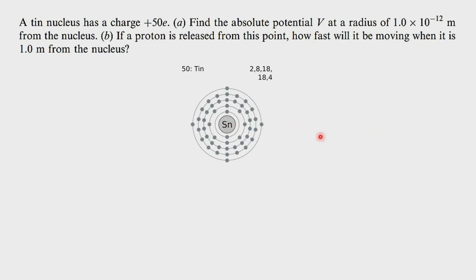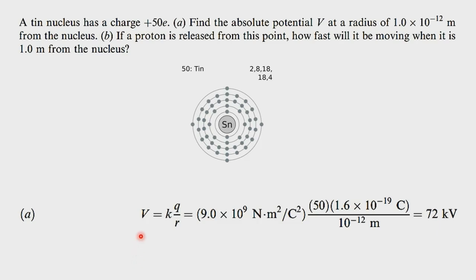So for our first problem, letter A, find the potential value V if the radius is 1 times 10 to the minus 12 meters. Our formula is V equal to the K constant times Q over R. Our K constant is always the same, 9 times 10 raised to the power of 9 newton meter squared over coulomb squared.